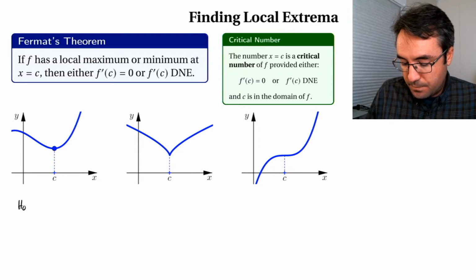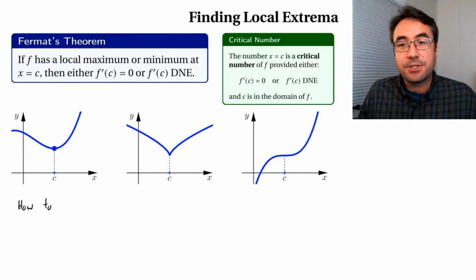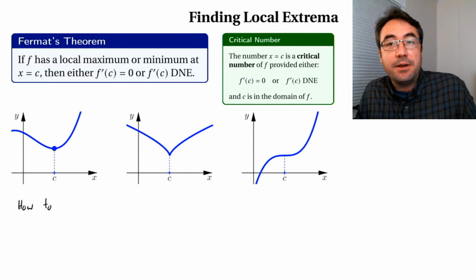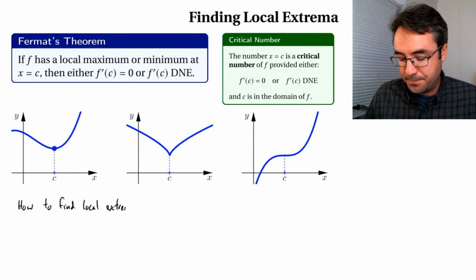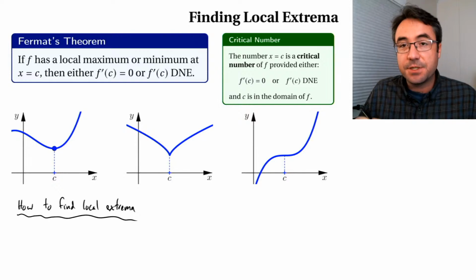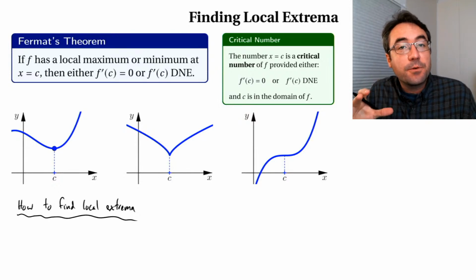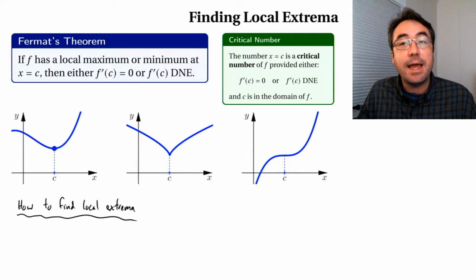And so what we're going to see in this section is how to finish that thought. So the question is, how do we find local extrema, local max and local min? How do we find those places? Well, Fermat's theorem gives us a place to start looking. It says look for those critical numbers because you might have a local max or local min there.